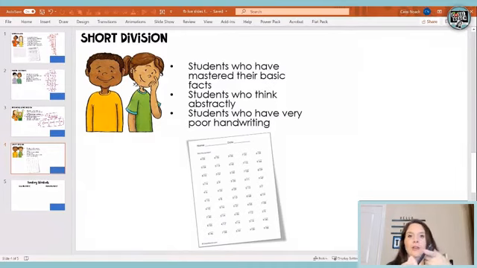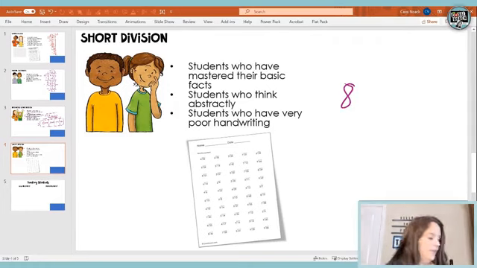So we go for accuracy first. It has to be right. And then efficiency is second. It doesn't matter how fast they are if they're going to get the wrong answer. So they need to think about which strategy is going to give them the right answer the majority of the time.